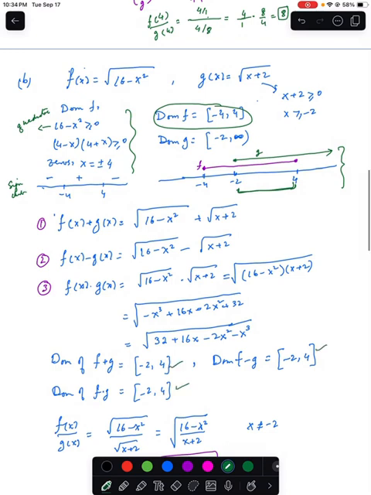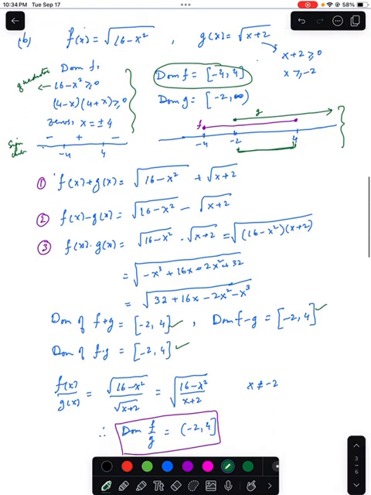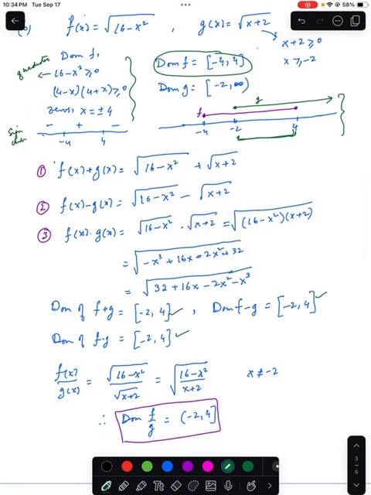What about f over g? Well, when we do f over g, we cannot have this quantity be 0. So if you set it equal to 0, basically what it means is that you cannot have x equal to -2.